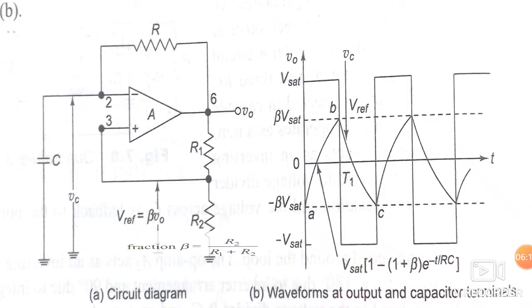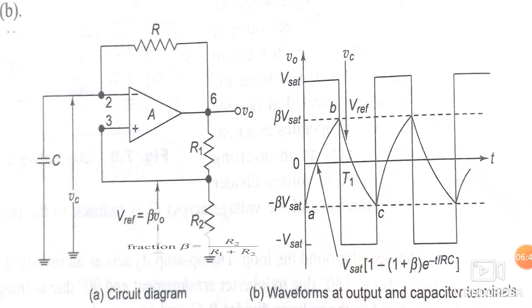So the output of the operational amplifier will go directly to minus Vsat, because the gain of the operational amplifier is very high. If VID, the potential difference between the non-inverting terminal and the inverting terminal, becomes less than 0, the output saturates directly to minus Vsat, that is minus saturation voltage.